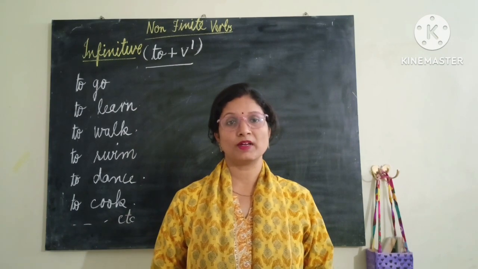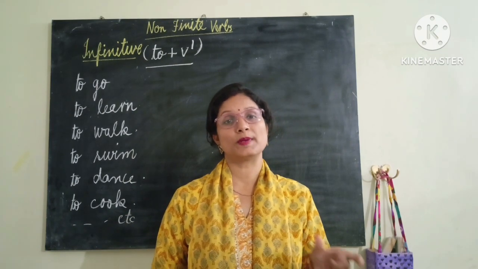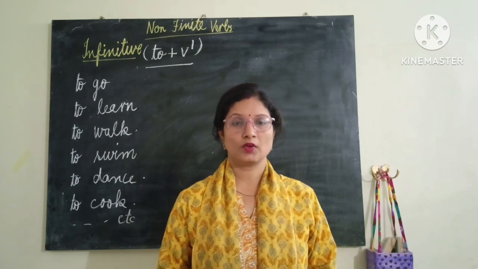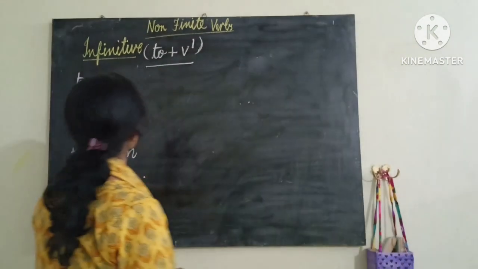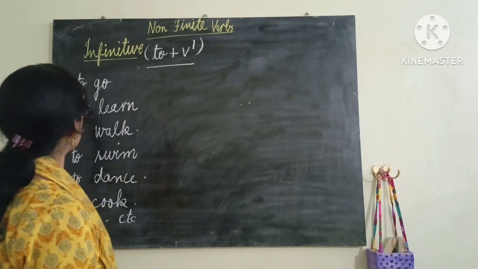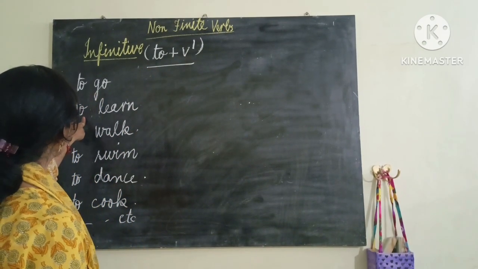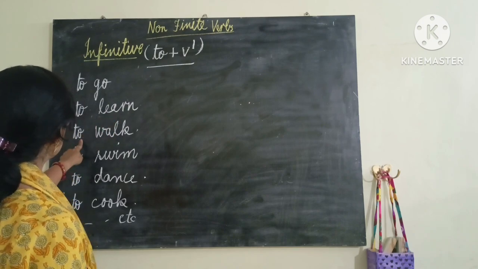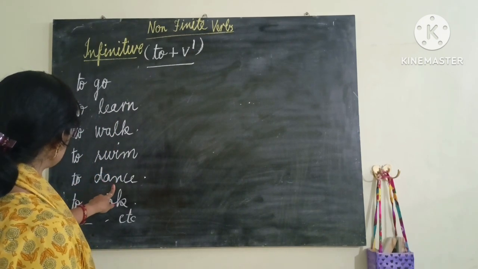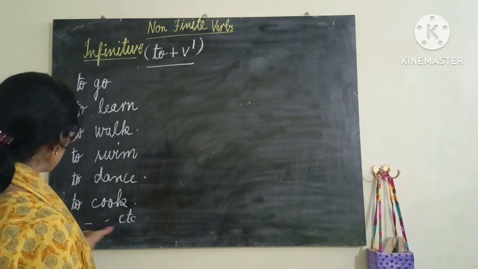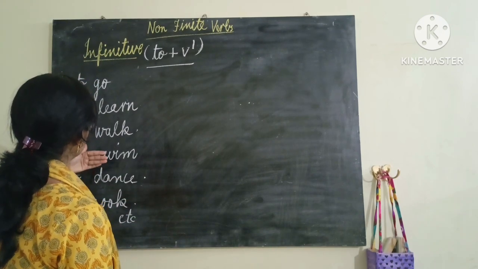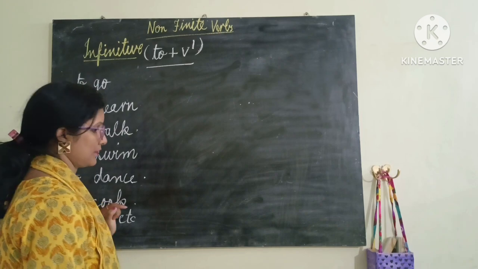Whenever you see to plus V1 anywhere in the sentence, that is an infinitive. Like to go, to learn, to walk, to swim, to dance, to cook, and so on.